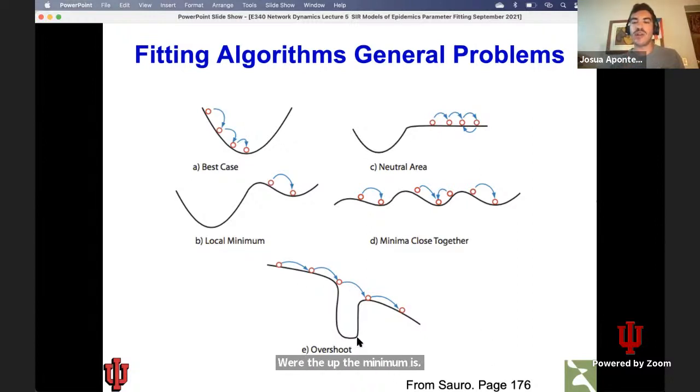And that is a very common problem that we run into when we're trying to fit models to actual biological data.